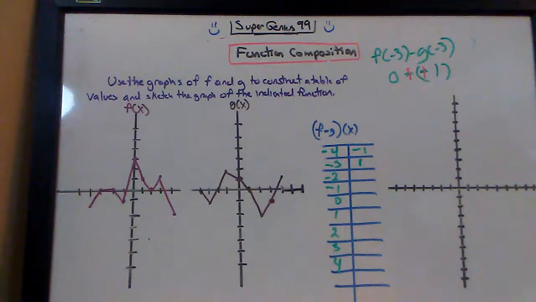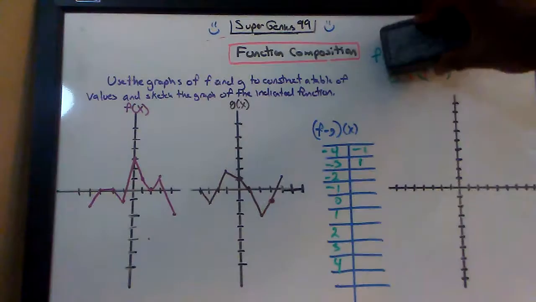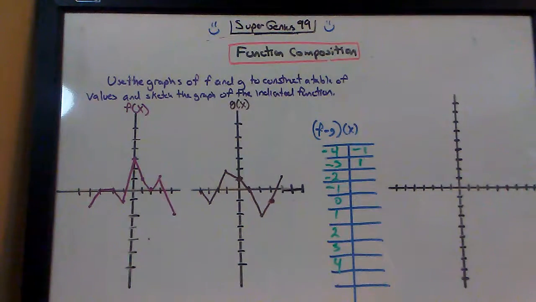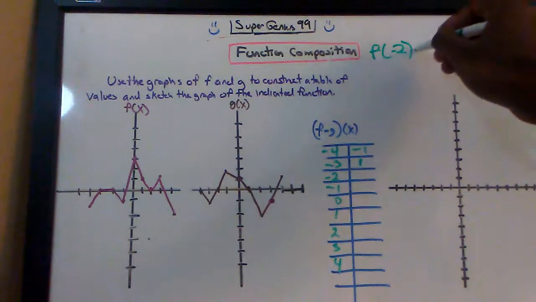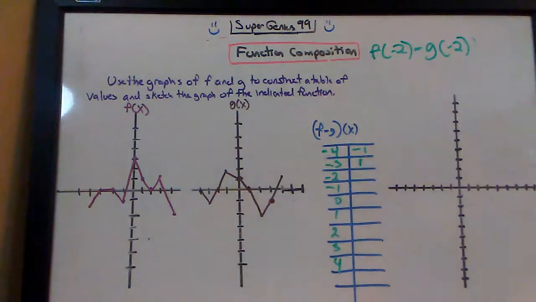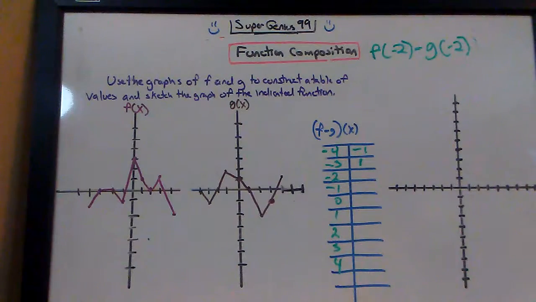All right, so let's do the next one. The next one is -2. So what is f of -2 minus g of -2? When x is -2 on the f graph, what is y?